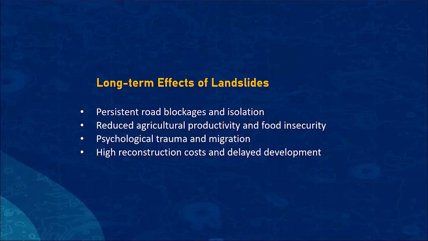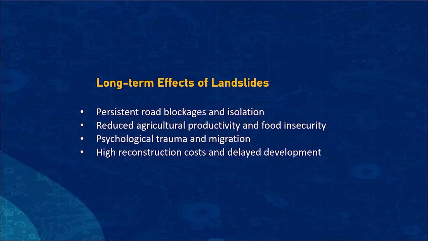Reduced agricultural productivity and food insecurity. Destroyed farmland and loss of topsoil lower crop yields for many years, leading to food shortages and higher prices. Psychological trauma and migration. Survivors often suffer from fear, depression, and post-traumatic stress. Many families permanently leave landslide-prone areas, causing depopulation of villages.